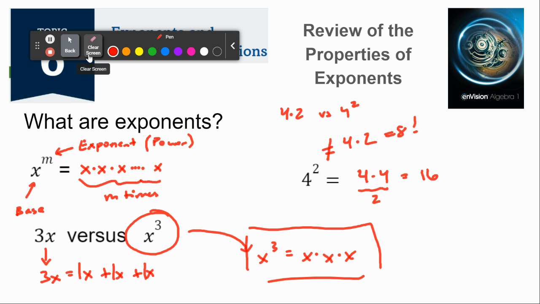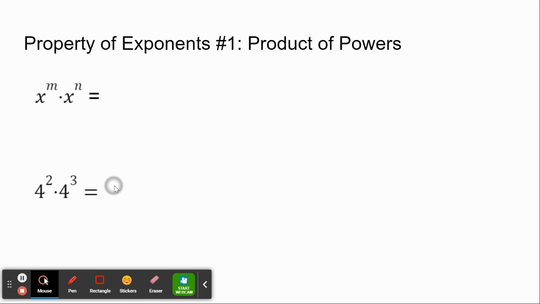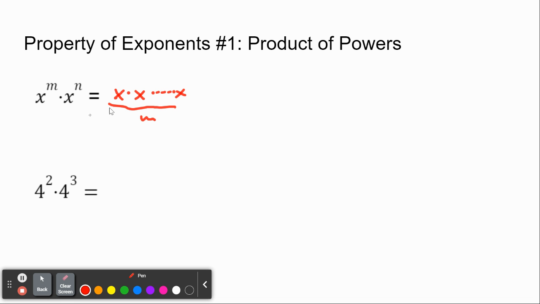So now let's talk about some of the properties or the rules involving exponents. Okay, the first property here, product of powers. If we have x to the mth power times x to the nth power, what this means is we have x times x times x, m times, right? That's the red. And then we have times x times x times x, n times, and that's the x to the nth there.